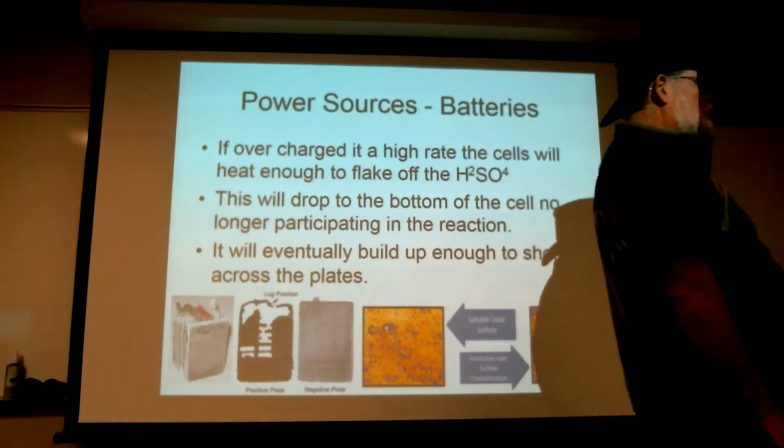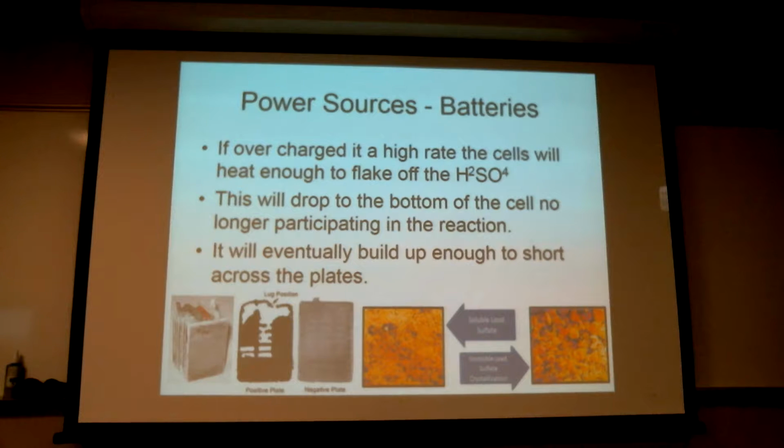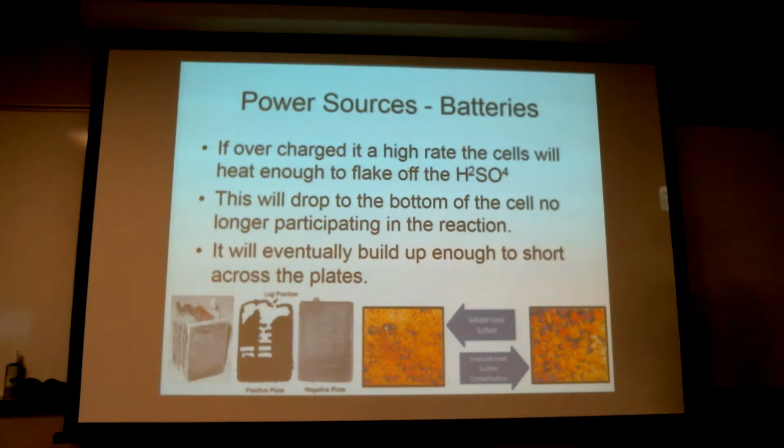So again, if you charge it at a really high rate, what will happen is you start superheating the battery, and as those plates heat up, they start to flex. They can damage the insulated barriers between them. They can cause the plates to flex enough to start cracking. Remember the plate as I showed you?